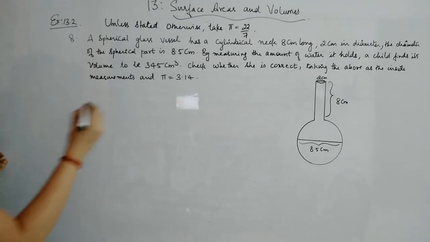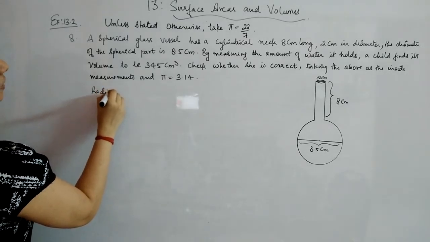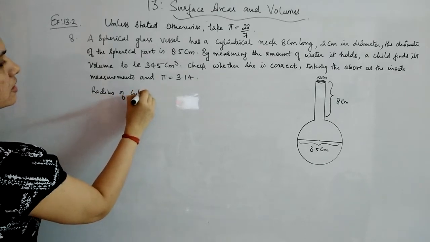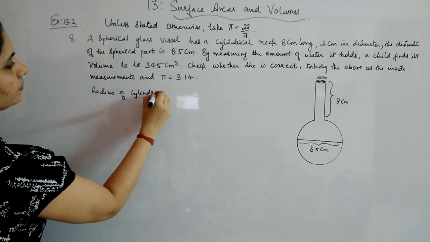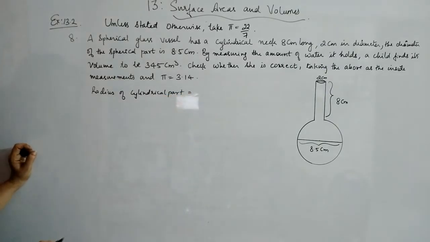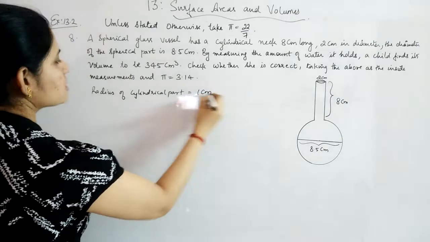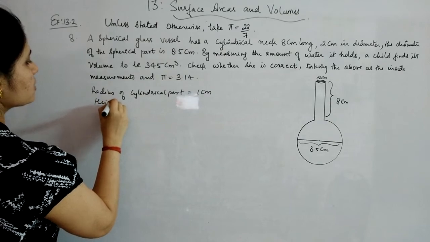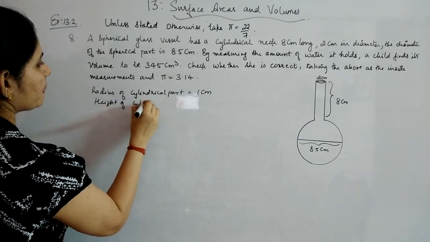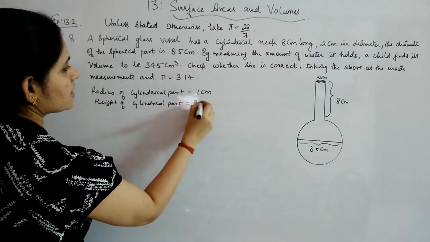Okay, so first starting with the radius of the cylindrical part. It is given that 2 cm is the diameter of the cylindrical part, so the radius of the cylindrical part will be 1 cm and the height of the cylindrical part is 8 cm.